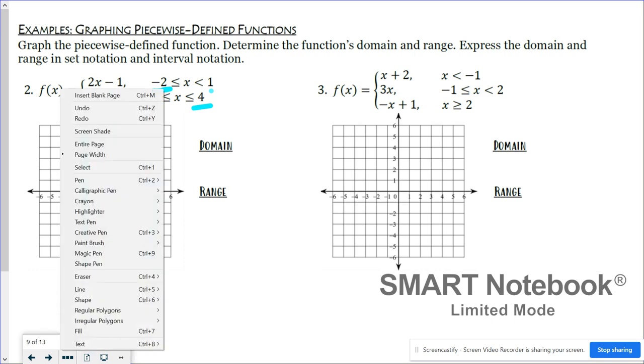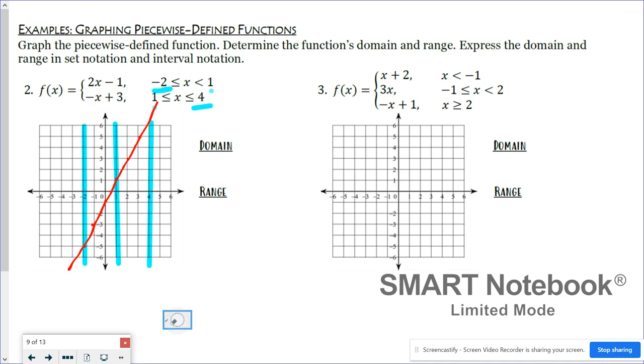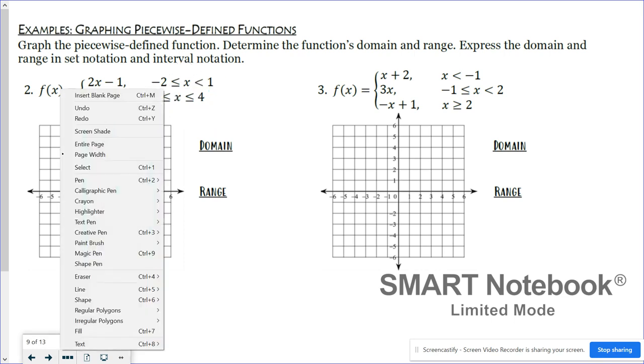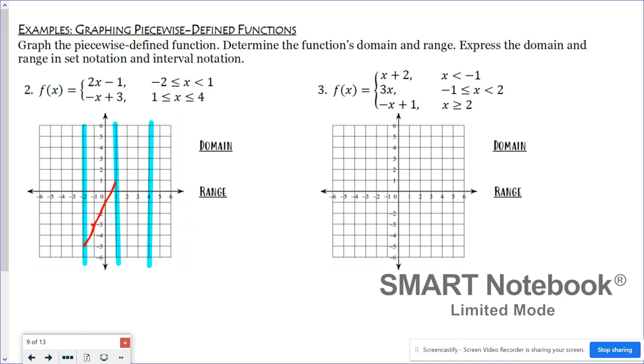So now I need to erase the parts that are in the wrong neighborhood. This line exists between negative 2 and positive 1. So anything that goes beyond negative 2 and beyond positive 1, I am erasing. Now I just need to figure out what's happening at the fence.